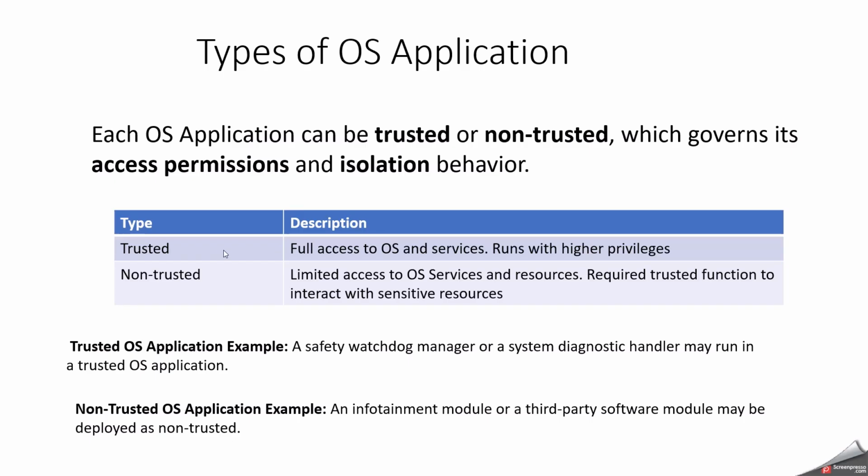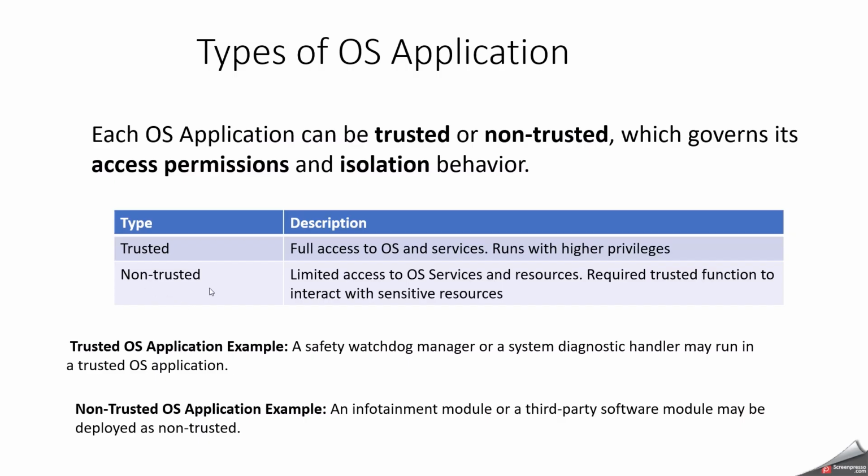The operating system module assumes that trusted OS applications do not cause a memory related protection fault. If such a fault happens, the system stability is likely gone and a shutdown may be the only option. That's for trusted. An example of a trusted OS application is a safety watchdog manager, or a system diagnostic handler that may run in the trusted OS application.